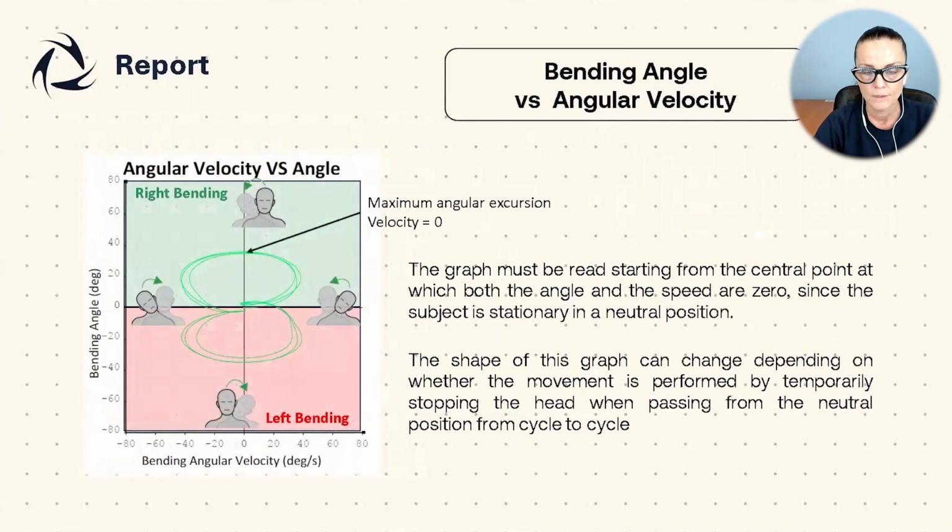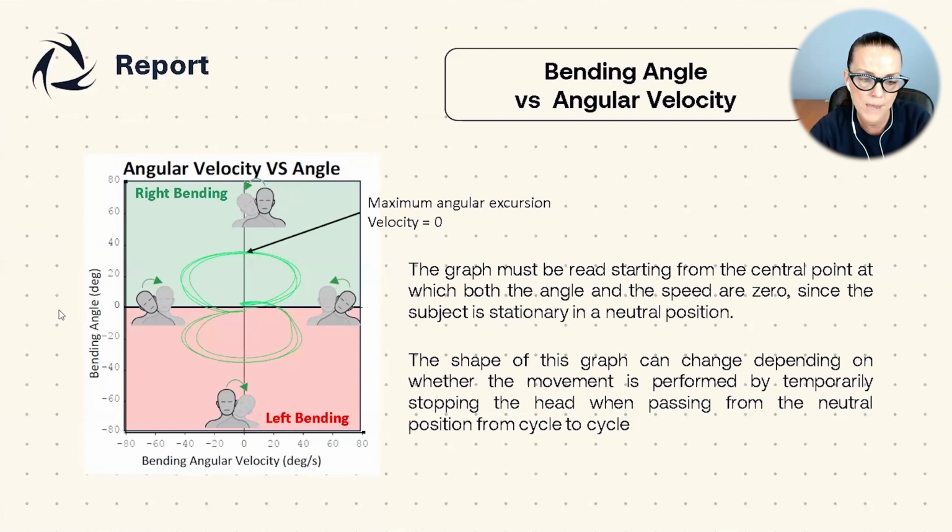Okay, now the last graph shows how the angle reported on the vertical axis changes as a function of the angular velocity reported on the horizontal axis, cycle by cycle.